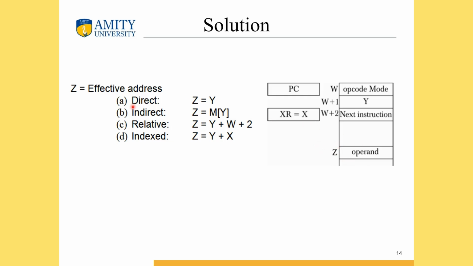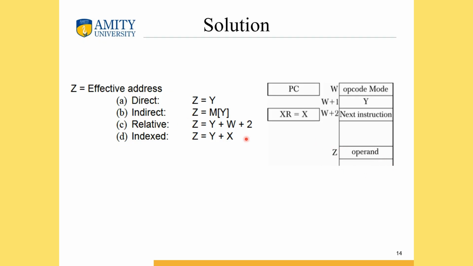So when we have direct access, we'll be using Z equals Y, which is the effective address of the operand. And then for the indirect access, Z will point to the memory location of Y, and then we'll find an effective address over there, that is Z, and then it will point to the operand.